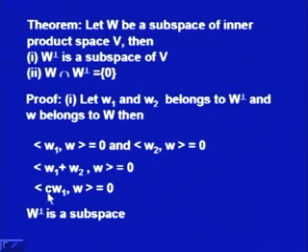Further, if the inner product of w1 and w is 0, then the inner product of c times w1 with w will also be 0. So, the sum of two vectors and the scalar multiple both belong to W perpendicular, and that is the definition of a subspace. So, we say W perpendicular is a subspace of V.